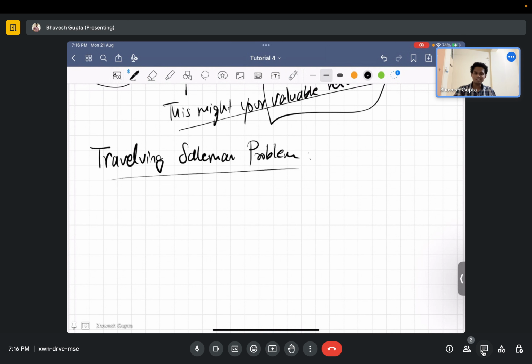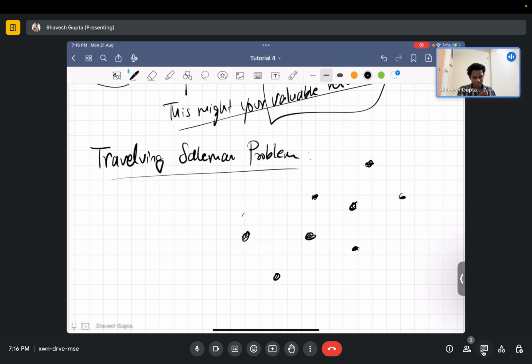So in a traveling salesman problem, for example, you have lots of cities here. Let's say you are a delivery person, and the problem is you have to cover all these points in a single path without repeating another.